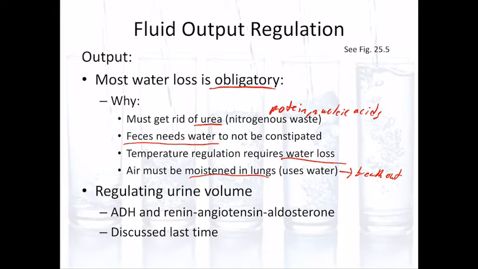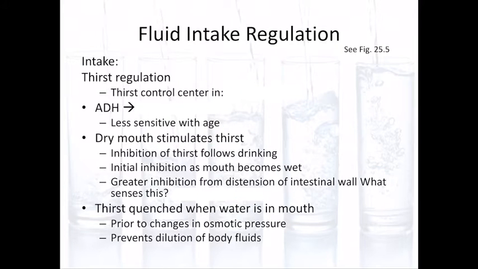The key point in regulating how much water we lose is regulating urine volume, which we talked about in the last set of notes with the kidneys. That has a lot to do with ADH and the whole renin-angiotensin-aldosterone system. We're not going to talk about that more this time, but we're going to talk about some calculations related to this. We'll get there in a second.